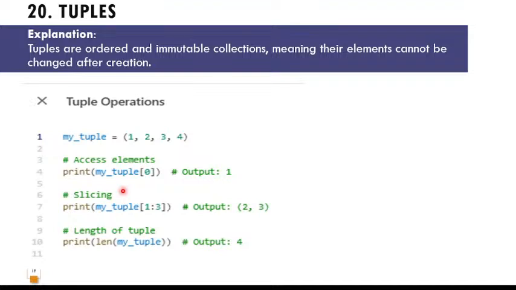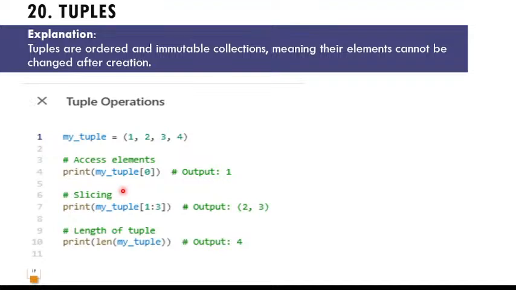So tuples are ordered and immutable collections, meaning the elements cannot be changed after creation. Once we have created a tuple, it will not be changed. In previous slides I was showing you that we have a list, where we can add and manipulate things, and that is written in square brackets.